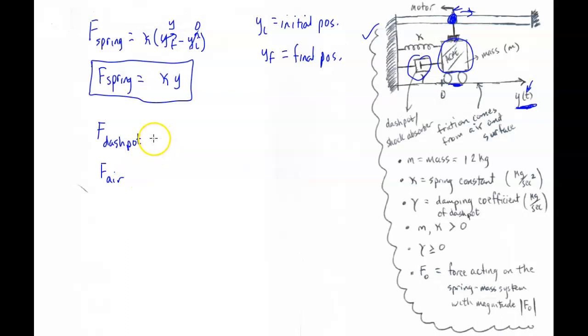Okay. Now, the force from the dashpot, this device that's here, remember, it's just a shock absorber, and we can basically think of it as a container that either has some type of material, solid material, or fluid, or a combination of both.